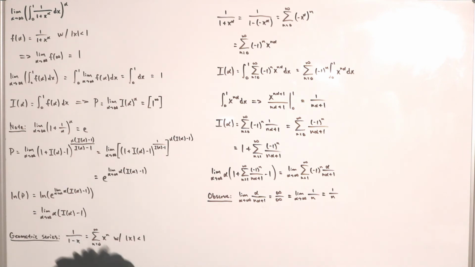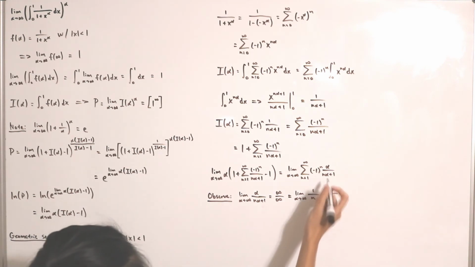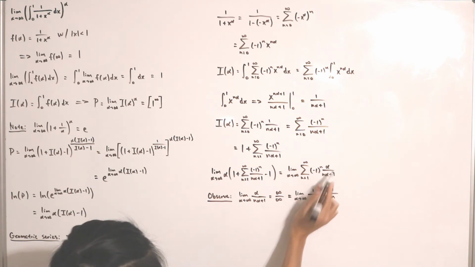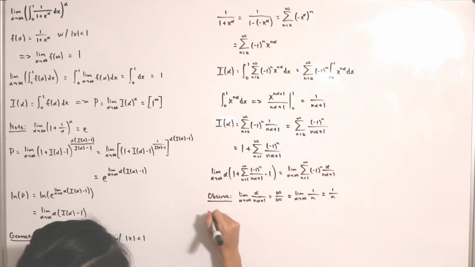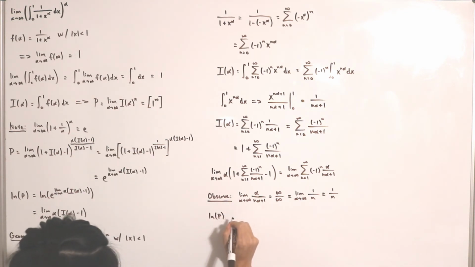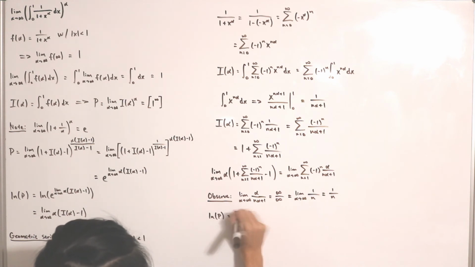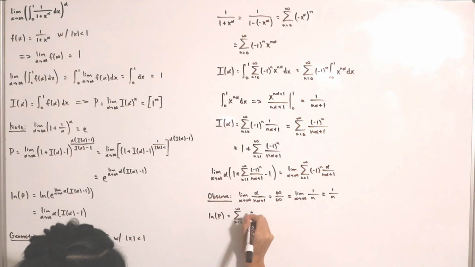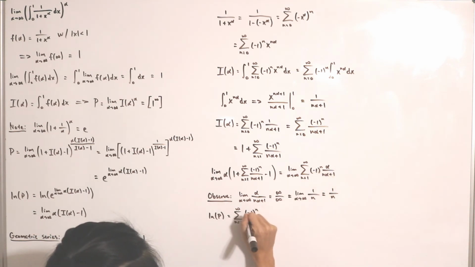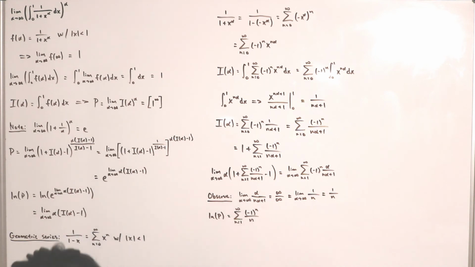Okay. So now we can substitute our evaluated limit. Let me reiterate that we have ln of p equal to our series, n equals 1 to infinity of (-1)^n divided by n.